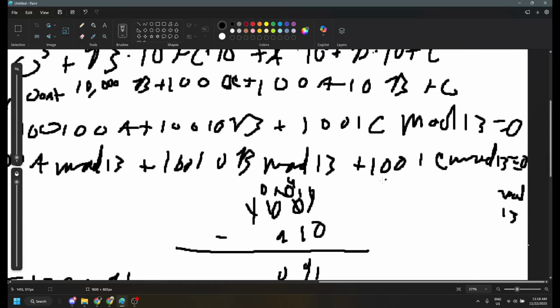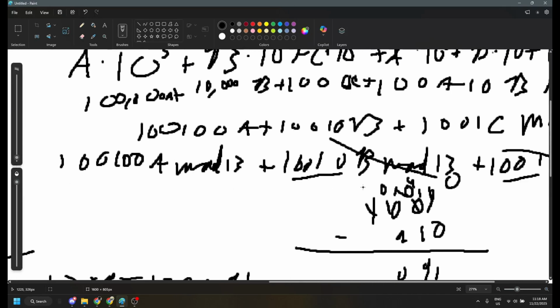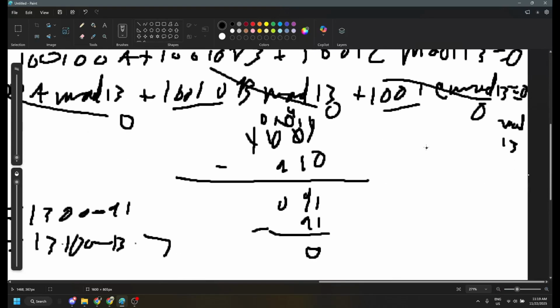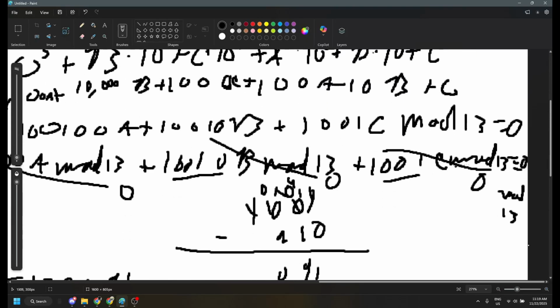So this is divisible by 13, so this goes to 0. If this is divisible by 13, this is divisible by 13, because this is 10 times that, so that's 0. Now if this is divisible by 13, this is divisible by 13, because that's 100 times that, so this is 0. Okay, so now we've shown that this is divisible by 13, because this, this, and this mod 13 all go to 0.